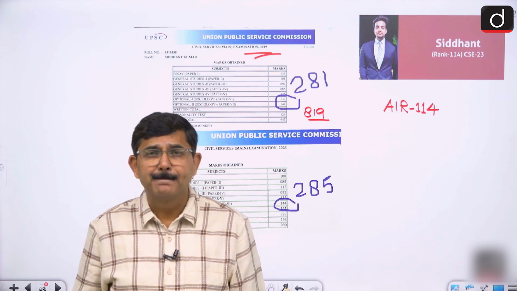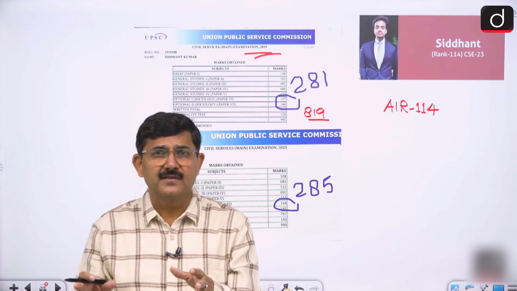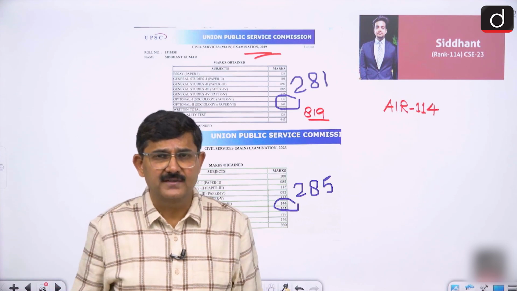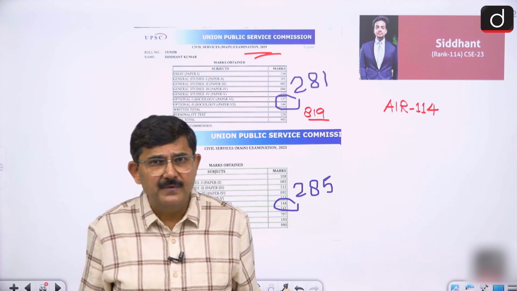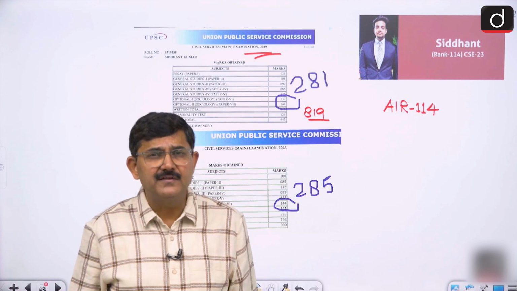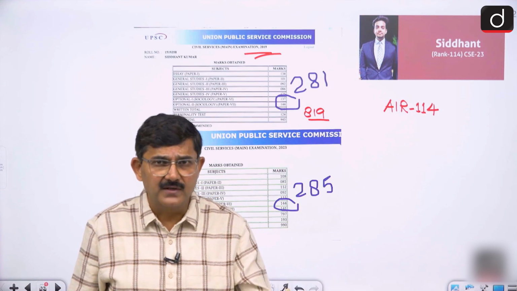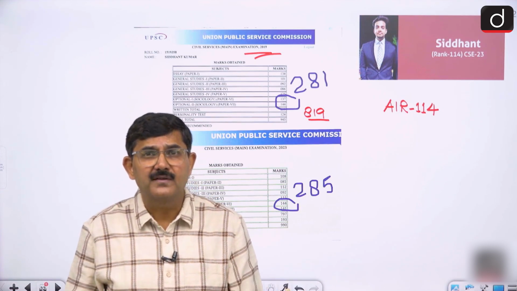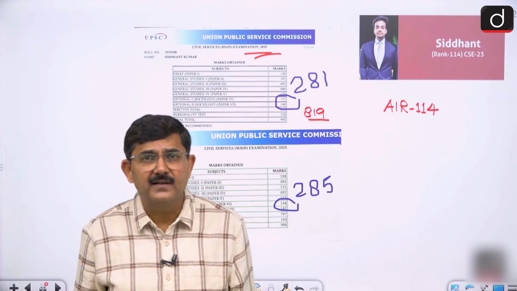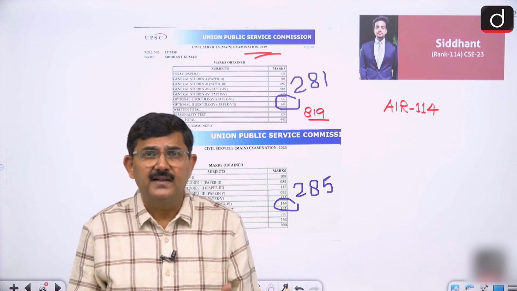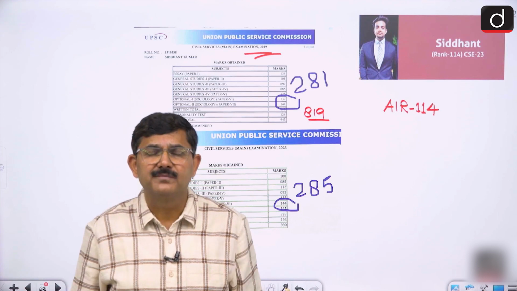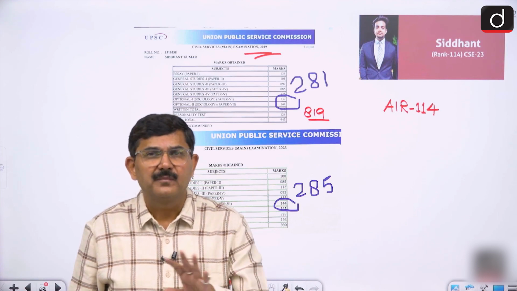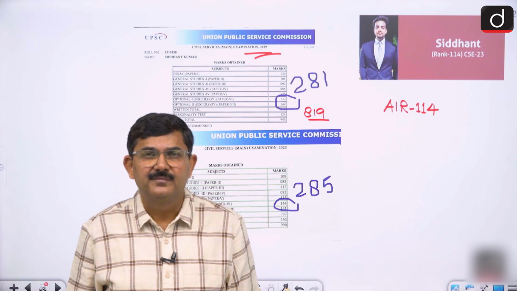One more thing, in those subjects, suppose you have to opt for mathematics, you must have some background. Either you have done your engineering or you have done your masters in the subject. All the candidates who opted for mathematics have a certain background in it. Without background, it is not possible.